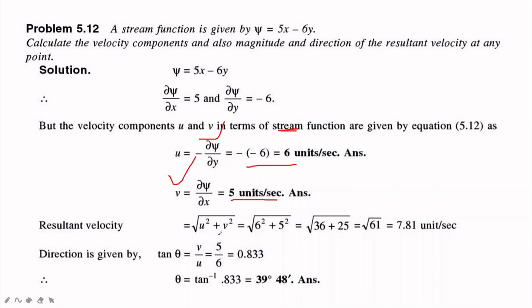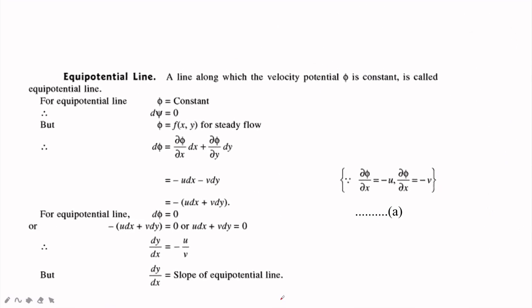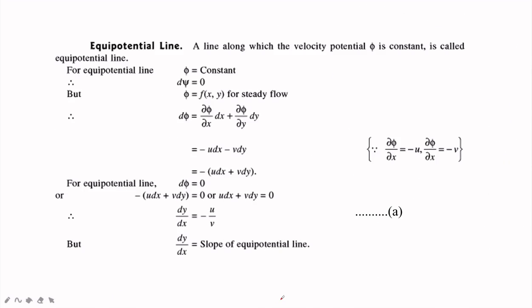If they give the direction, then theta is equal to tan inverse of v by u. We will get the value of 39 degree 48 minute. So this is the stream function, velocity function, and the relation between the stream function and velocity potential function. Just remember the formulas and two lines about them. That's enough for the VTU exams.